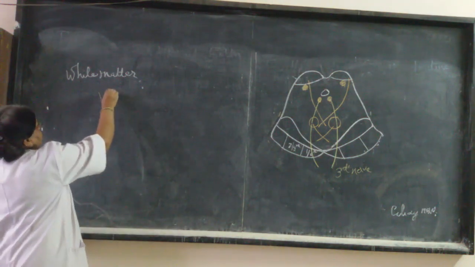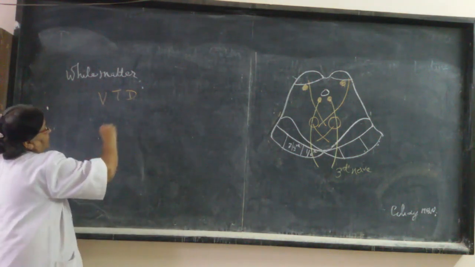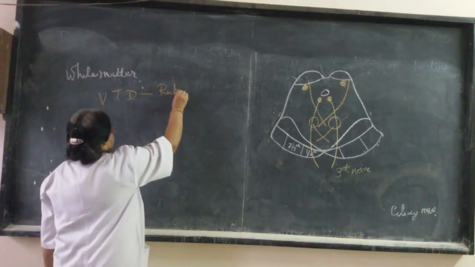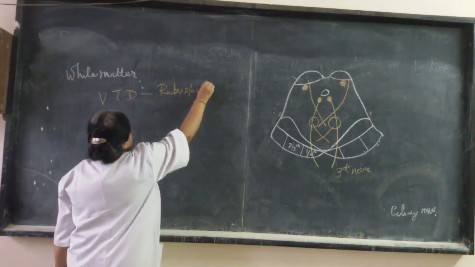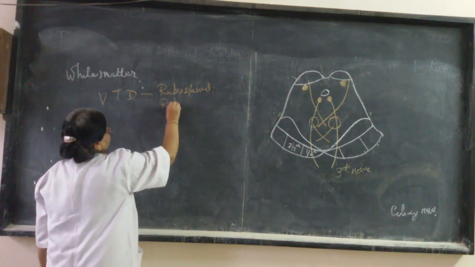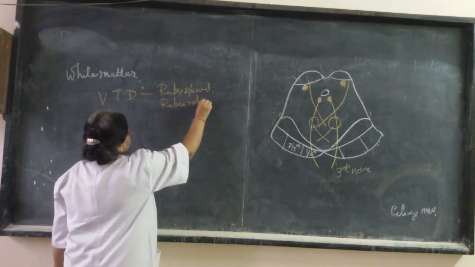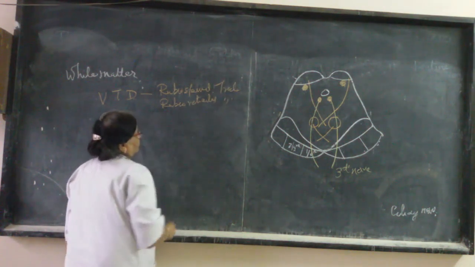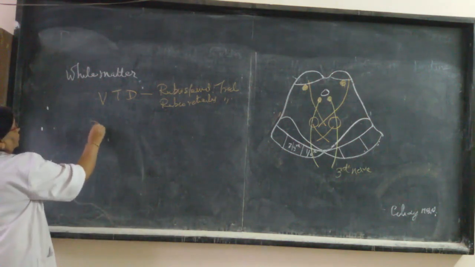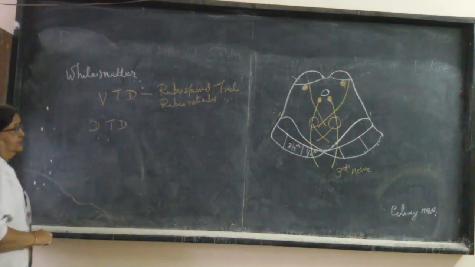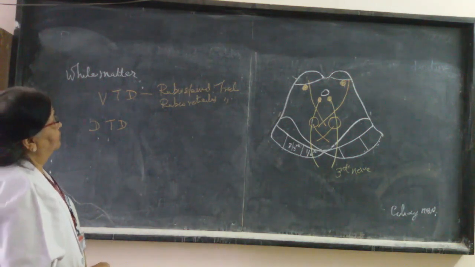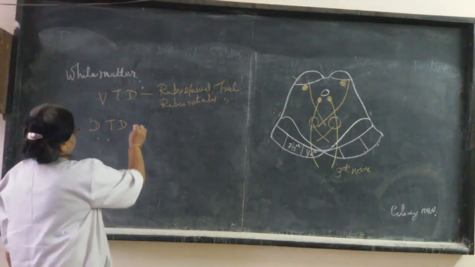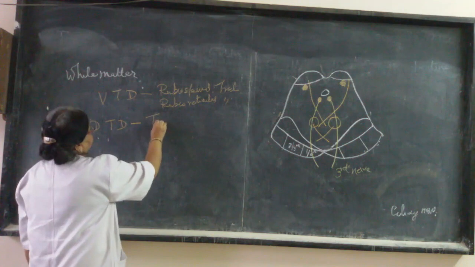Therefore, there will be the ventral tegmental decussation for the rubrospinal or reticular tract. Then there is the dorsal tegmental decussation, the decussation of fibers from the superior colliculus.